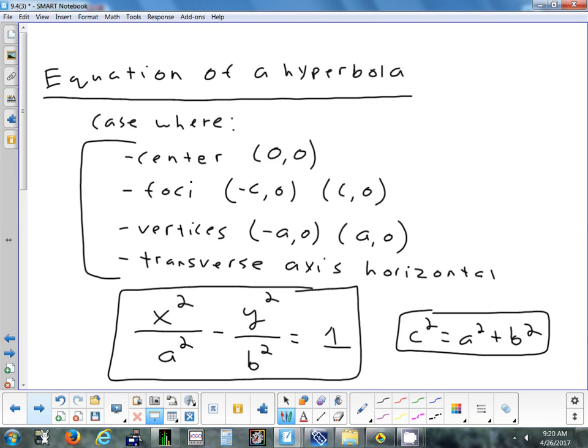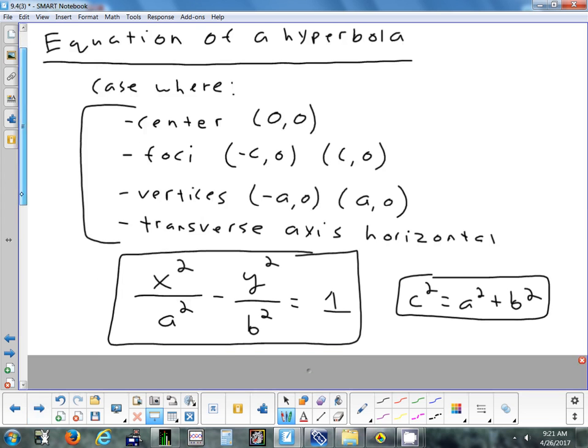That's how I would remember it, rather than writing the coordinates, but it's up to you. And this is the case where everything lines up horizontal. If you graph your foci and vertices, they'll all line up in a horizontal line. So the transverse axis is horizontal.